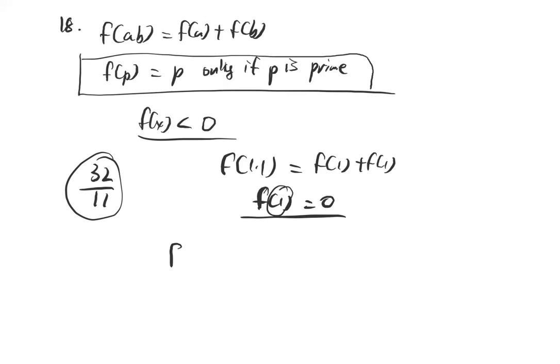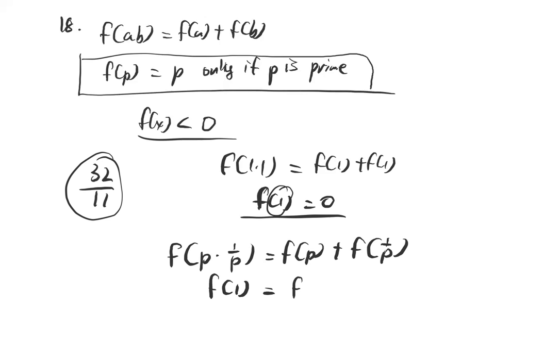So we can do f(p times 1 over p) equals f(p) plus f(1 over p), and the left side is basically f(1). We know that f(p) is basically p as indicated by the condition, and we don't know what f(1 over p) is.